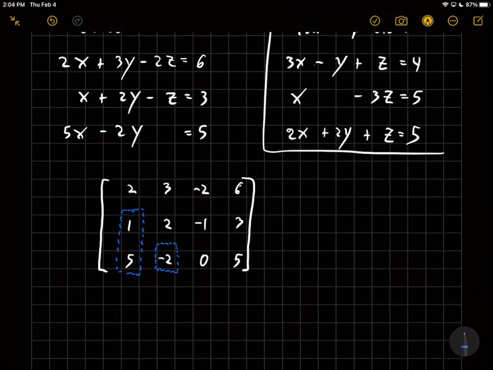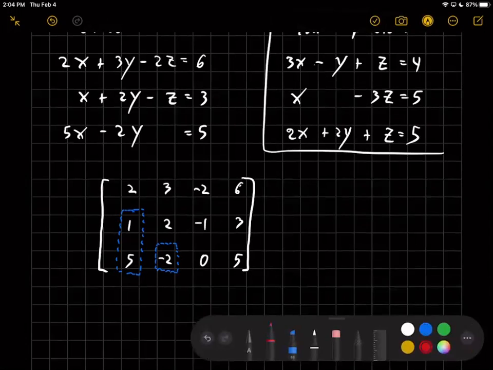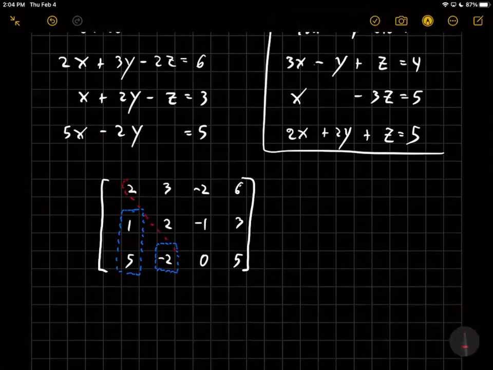So if we had zeros in all of those positions, then it would look like the problem that we had done before. We're also going to want to have ones in all of these positions. So if we have zeros where the blues are and ones in the other positions, it'll look like the problem that we just did.